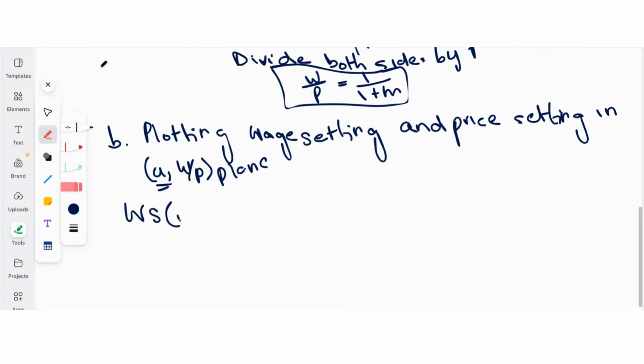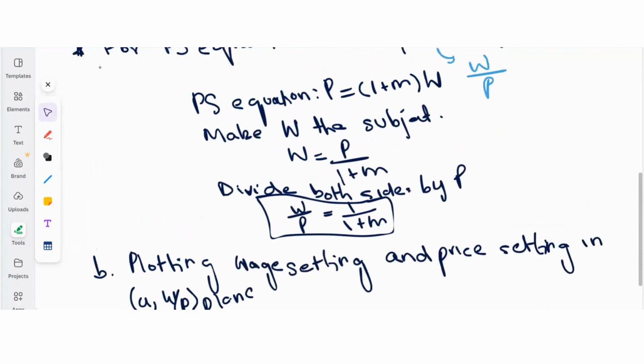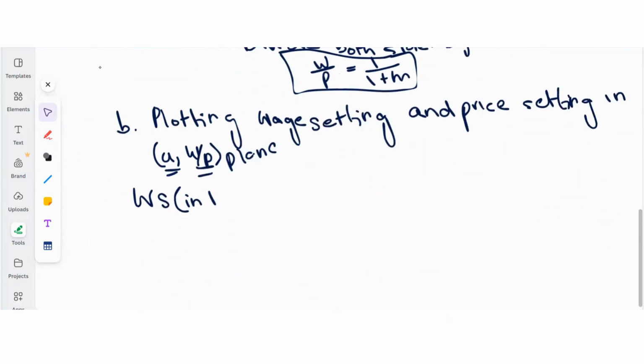Because we want to plot it with W by P on the vertical axis, that was the point where in part A we expressed both the WS equation and the PS equation in terms of the real wage. So now we already know from part A the WS in terms of the real wage.